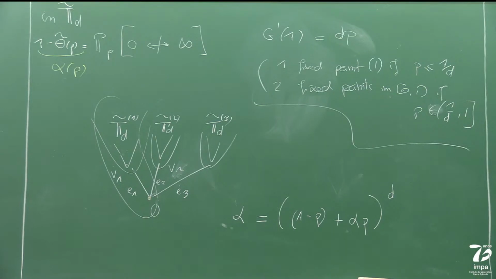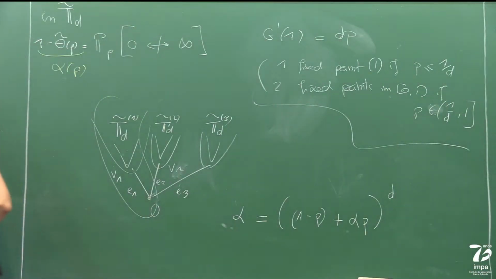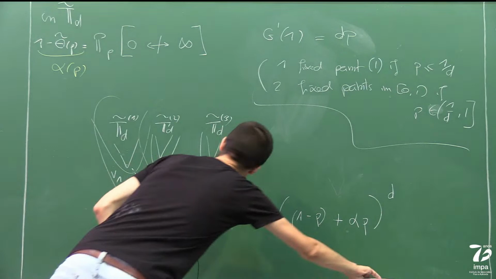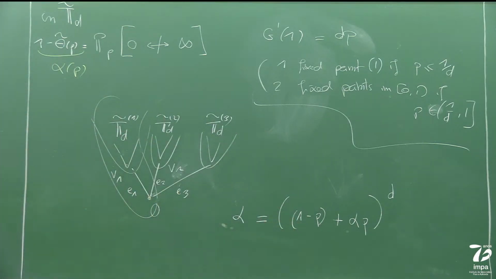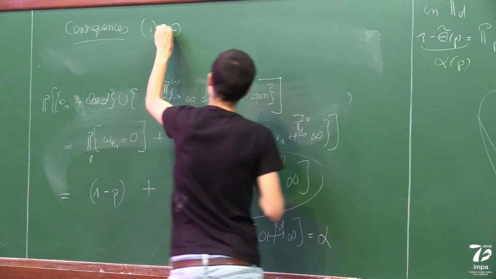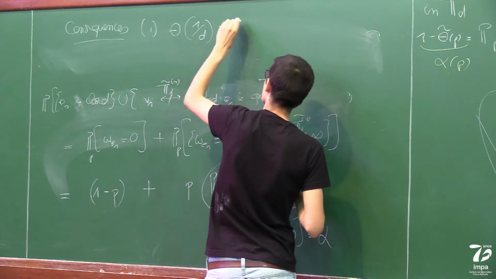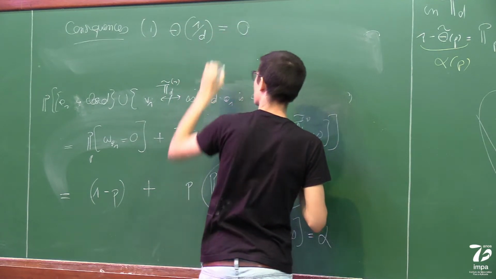So in particular, what I can deduce from this, the consequences: the first is that theta of 1 over D is equal to 0.